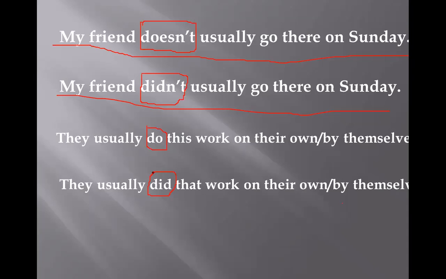They usually did that work on their own, by themselves. So see, students, this do refers to the present time, and this did, the main verb, refers to the past time. Did is the second form of do, which is used in the past indefinite tense.